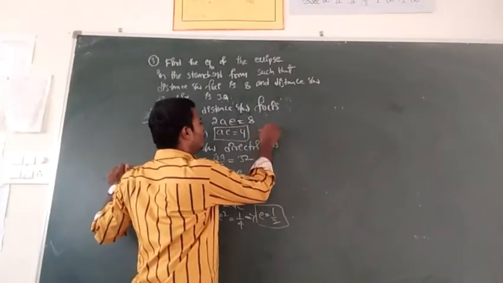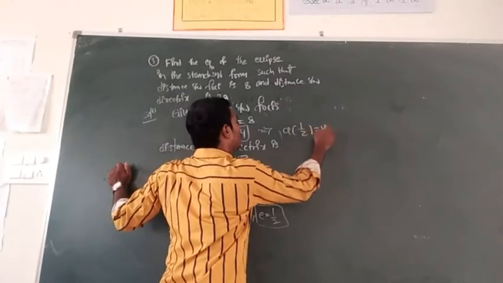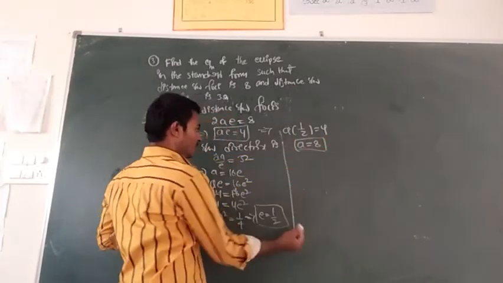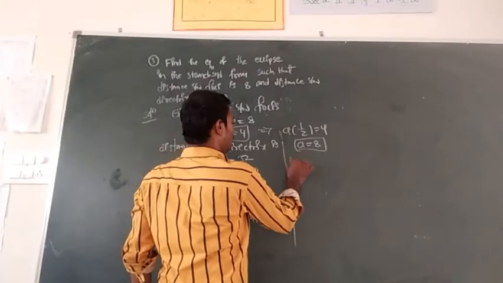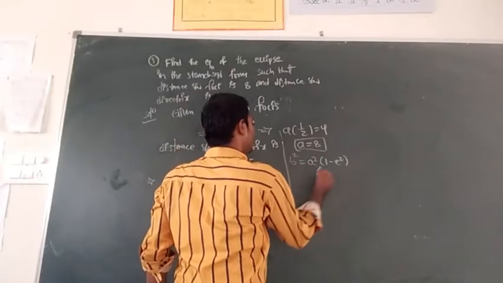Substituting the e value, we get a into 1 by 2 equal to 4, and a equal to 8. Now we know that b square equal to a square into 1 minus e square.